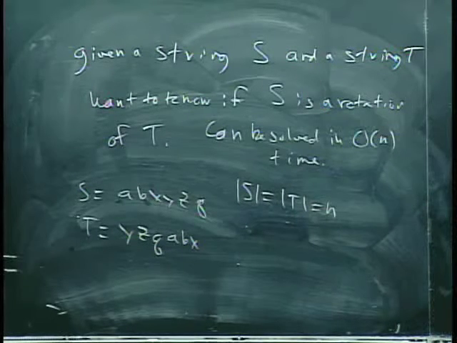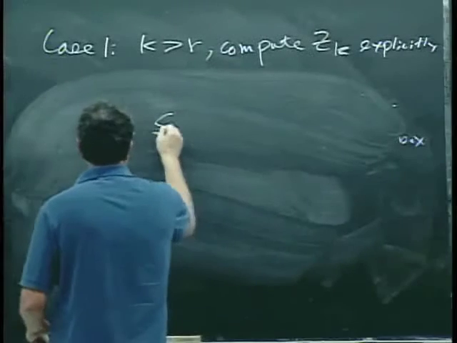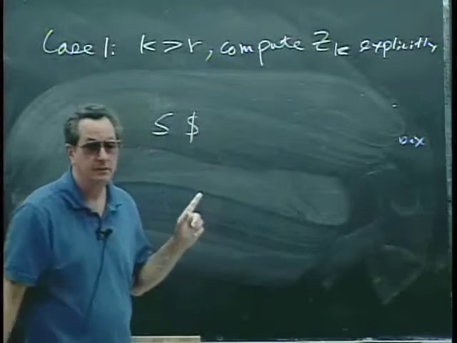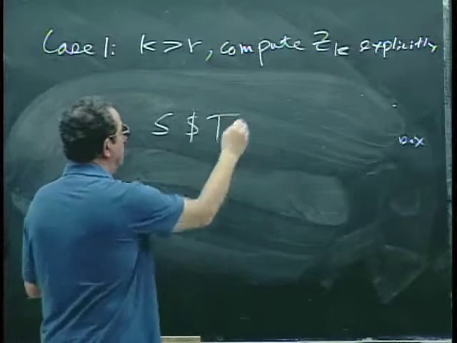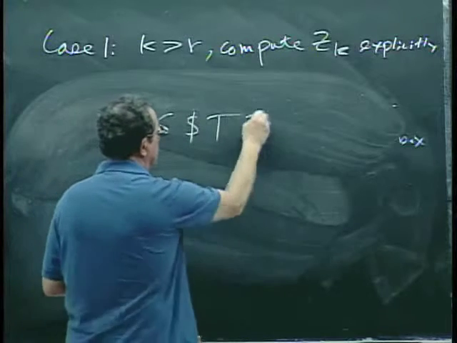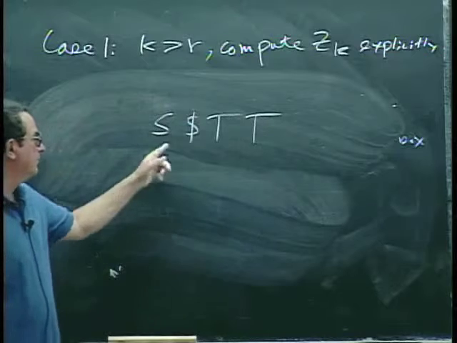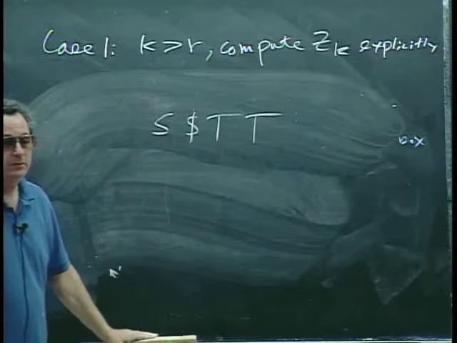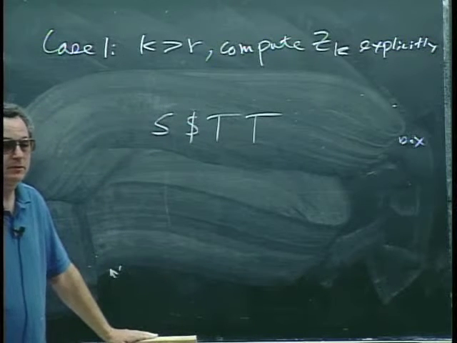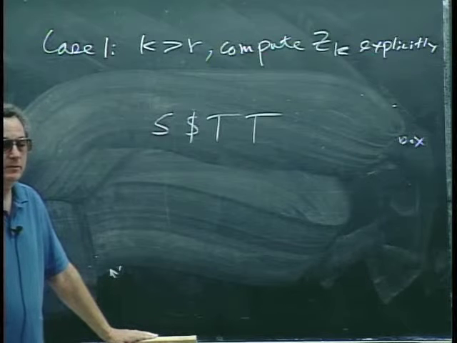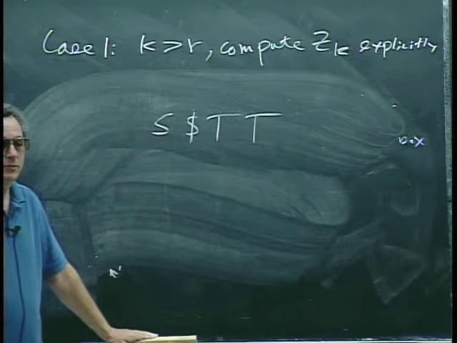S, dollar sign, T, and T again. Okay. And what do you do when you run the Z algorithm on this? You check to see if you get a Z value equal to n.